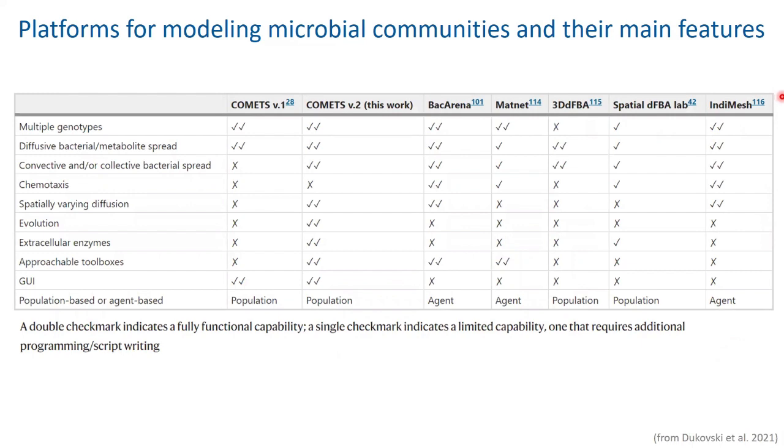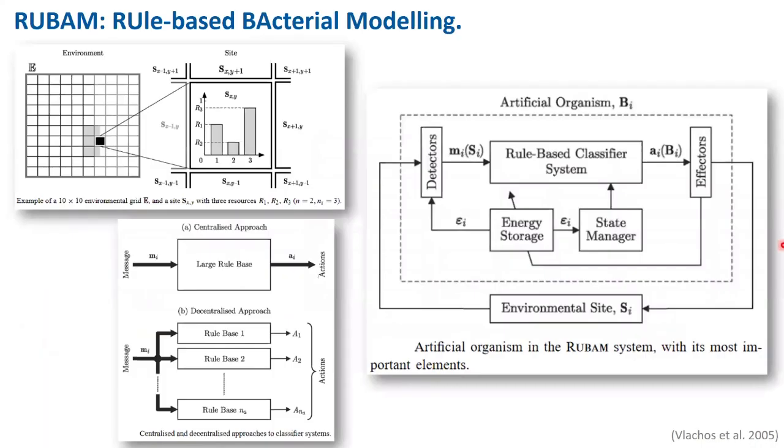What is interesting to see, for example, is if evolution is modeled, maybe only in the Comets 2, the new Comets version, you can model evolution. But you can also see that these are the population models, and Bacterin, MatNet and IndiMesh are the individual-based models. So I'm going to show a couple of these packages or software in the following.